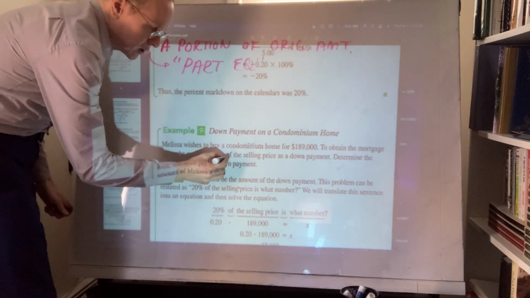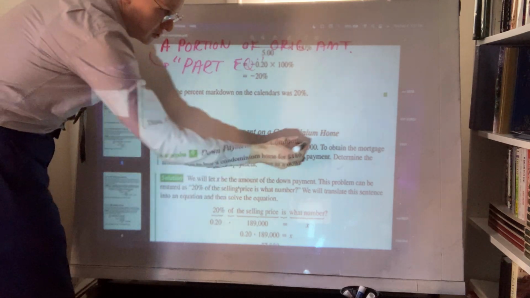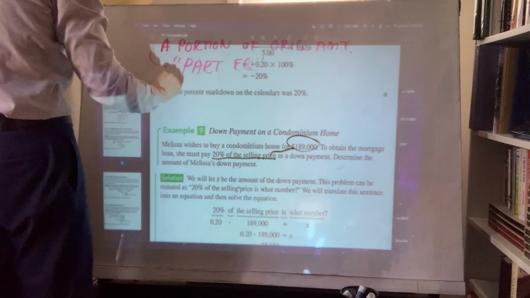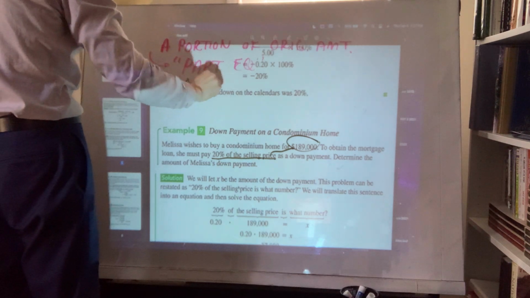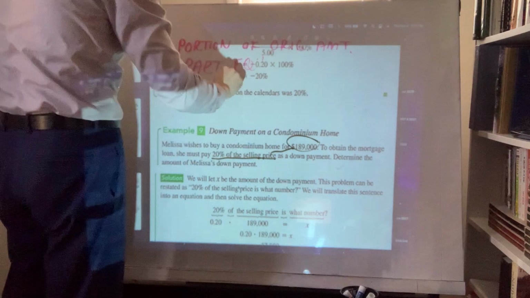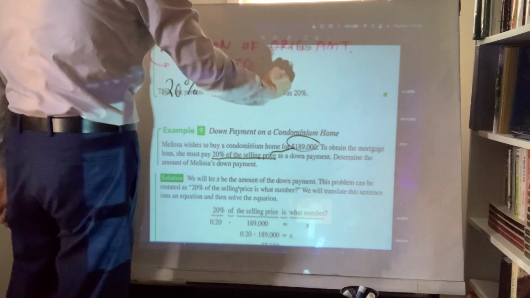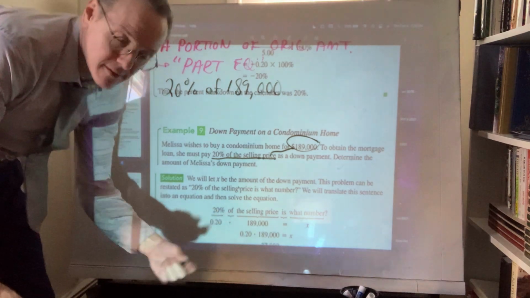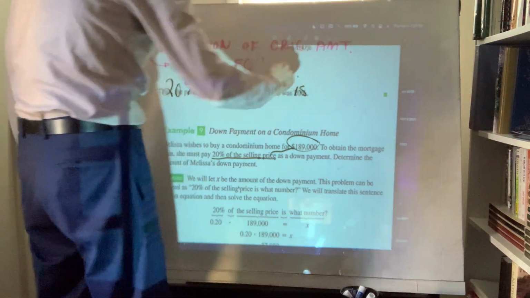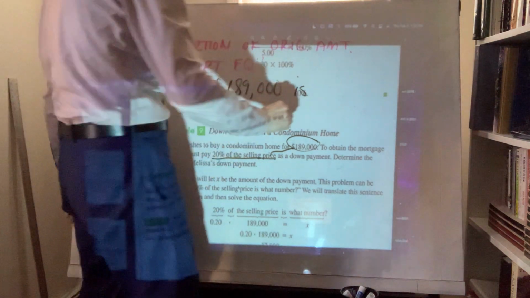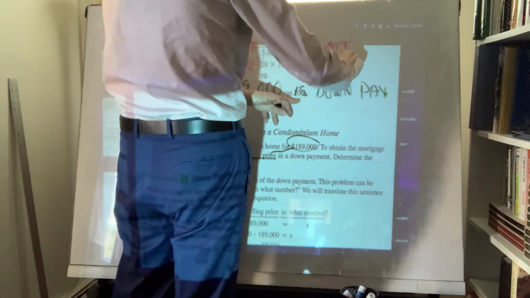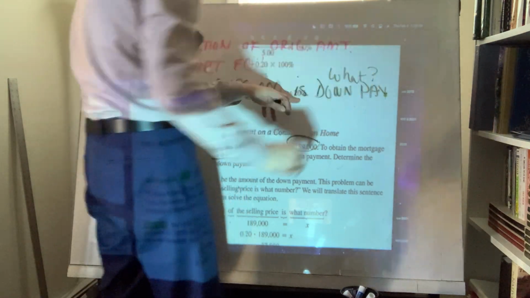If you notice in here, 20% of the selling price, which is that number, so, 20% of $189,000 is going to be what? It's going to be the down payment, which you could rephrase in the form of a question, as if this was Jeopardy.